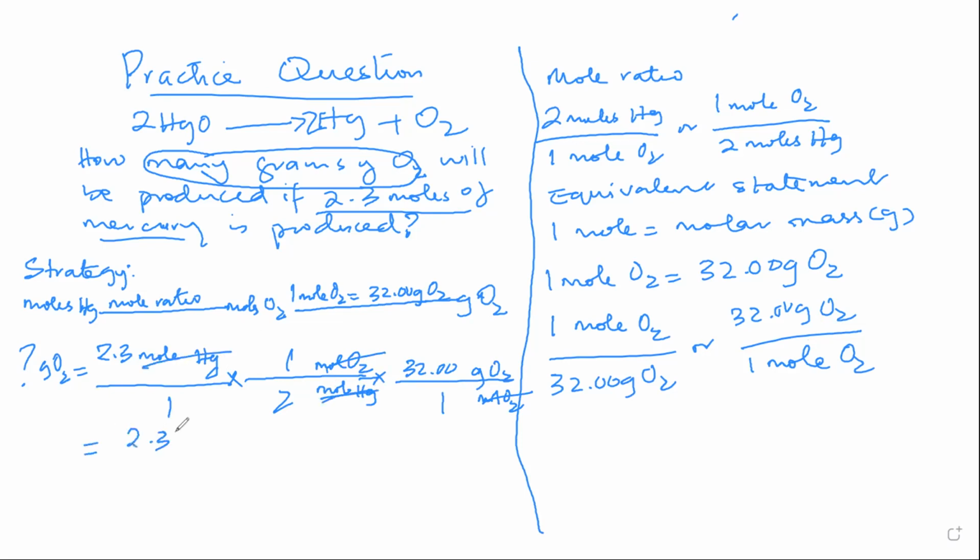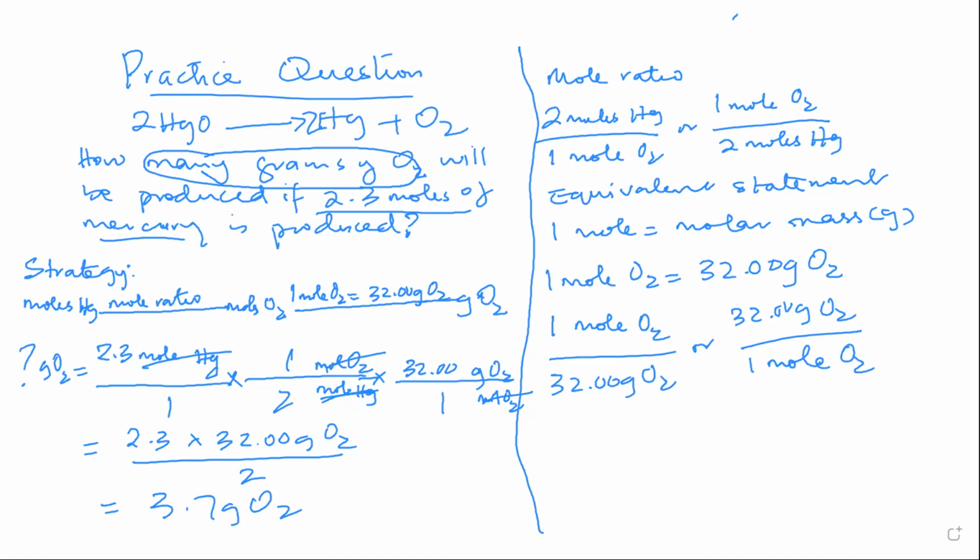That will be 2.3 times 32.00 grams of oxygen over 2. That should be equal to 3.7 grams of oxygen. Okay.